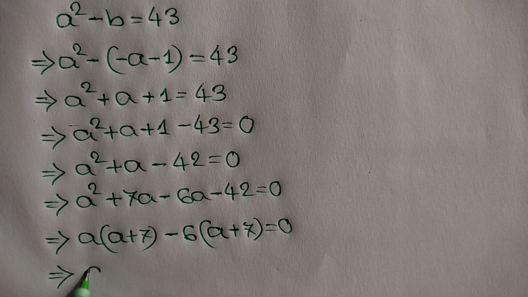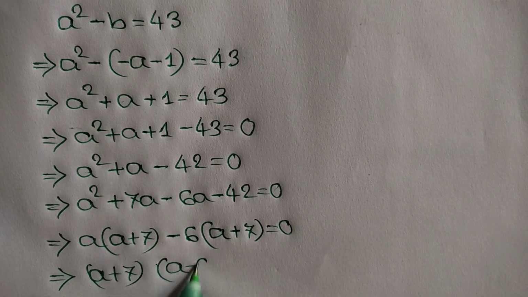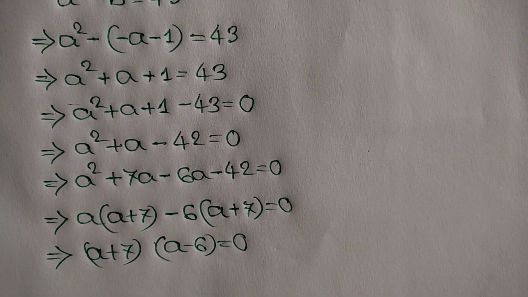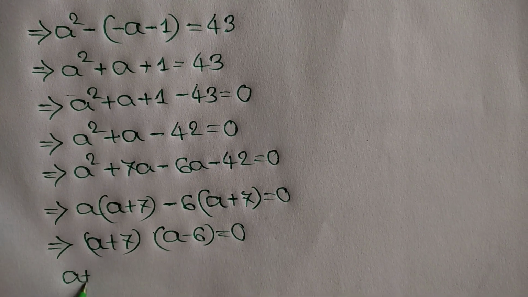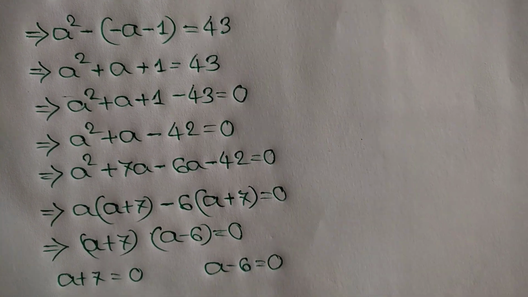Or taking common a plus 7, we get a plus 7 times a minus 6 is equal to 0. Now here we can write a plus 7 is equal to 0, or a minus 6 is equal to 0.